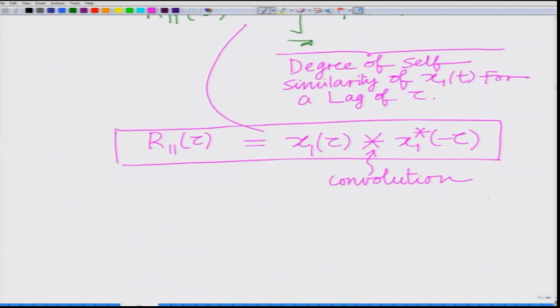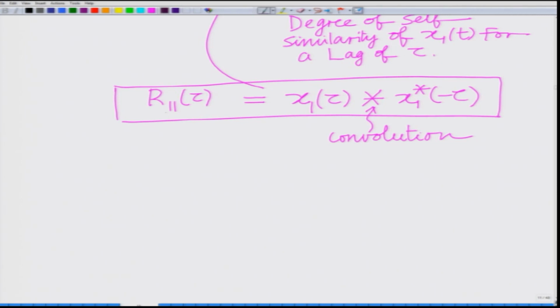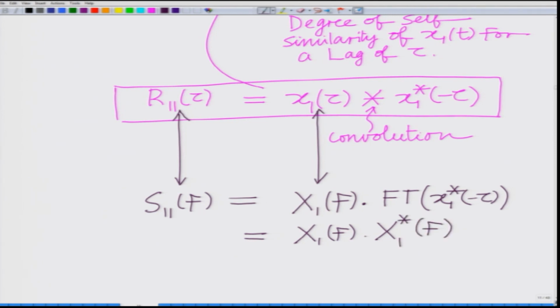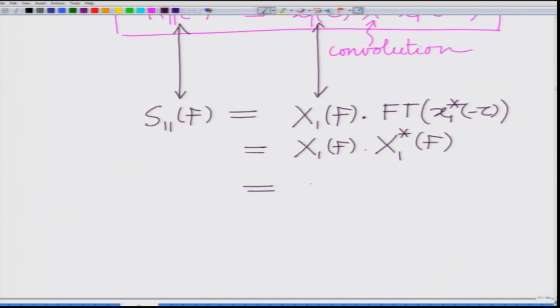Further, the Fourier transform S11 of f of the autocorrelation is x1 of f times the Fourier transform of x1 conjugate of minus tau, which is x1 conjugate of f. So, this is magnitude x1 of f squared.